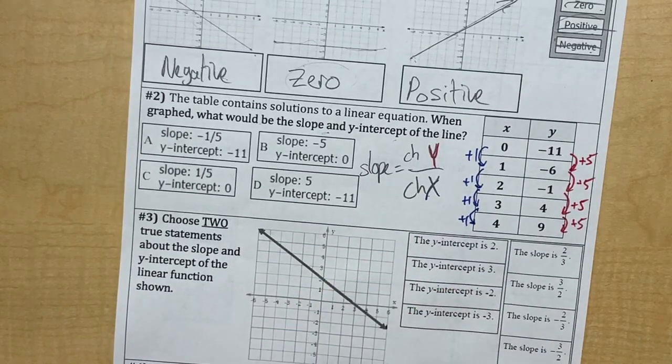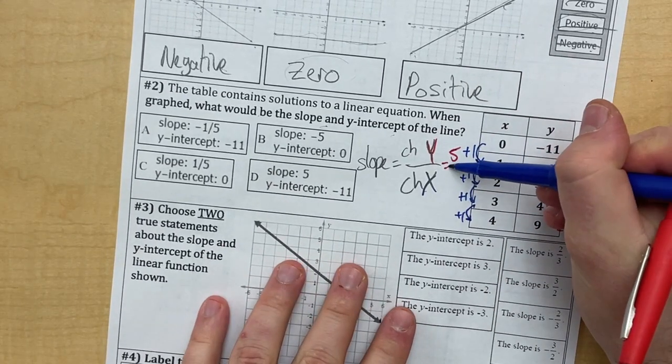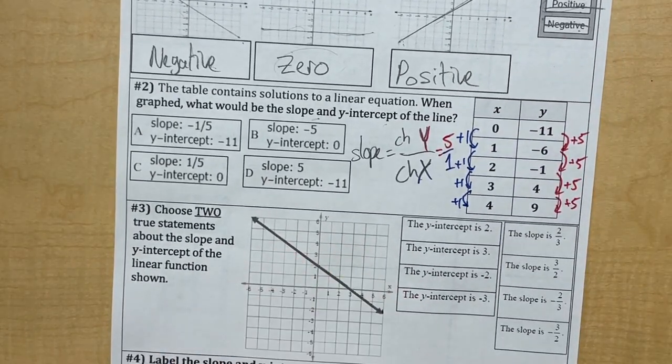So then I can write it like this. I'm going to say my slope is going to be +5 over +1. So I'm going to say my slope is 5 for this one. And so let's kind of keep that right where it's at. And I can say, okay, what is our y-intercept? Again, that's always where your x value is equal to 0.